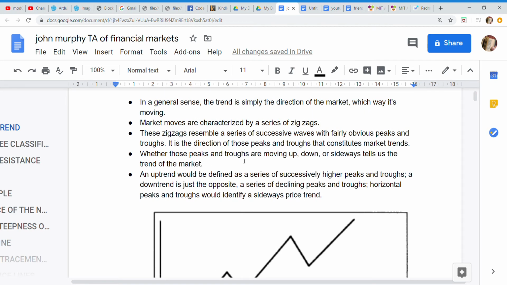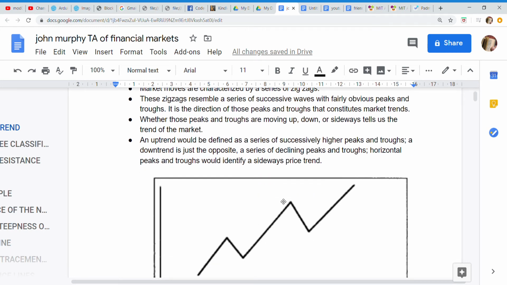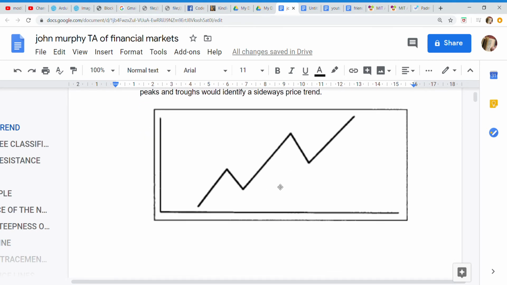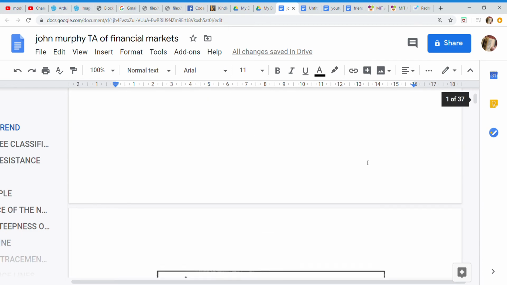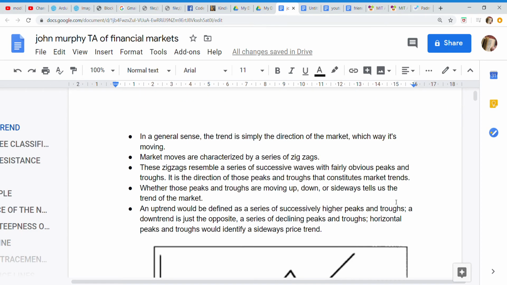Whether those peaks and troughs are moving up, down or sideways tells us the trend of the market.